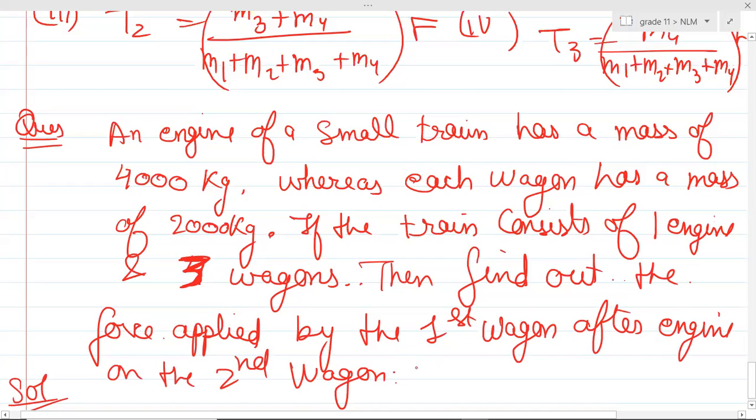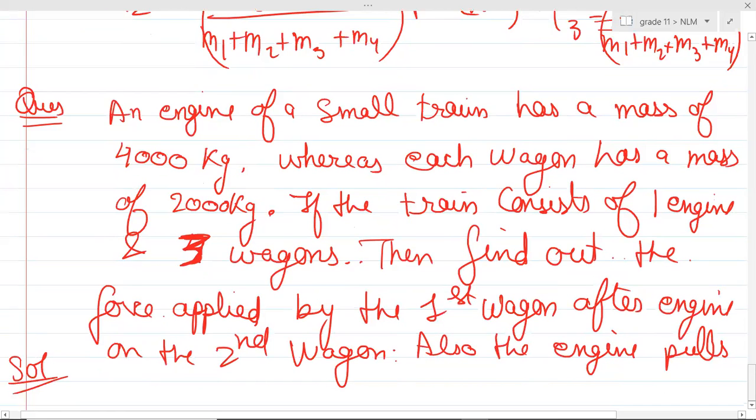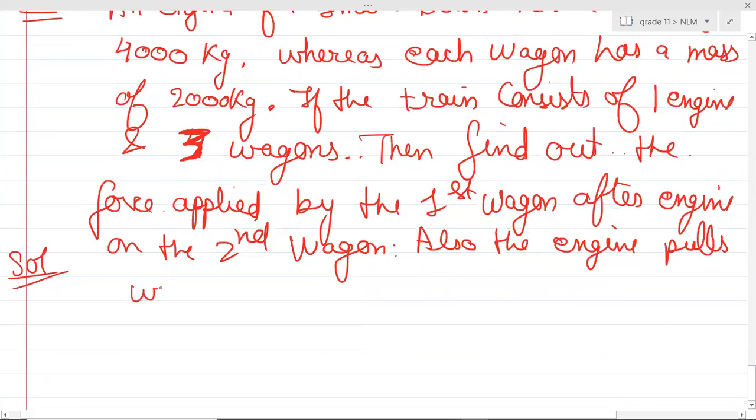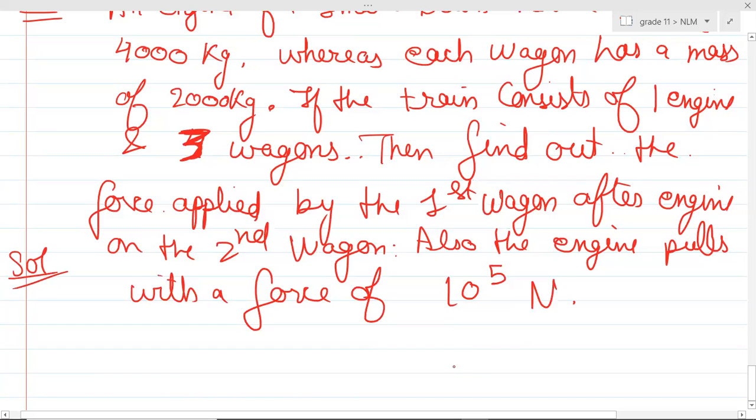Also, the engine pulls with a force of 10 to the power 5 newtons. Find it, please. First, it's a question based on what you have just learned. Draw the diagram best. Okay, and just give me 2 minutes.